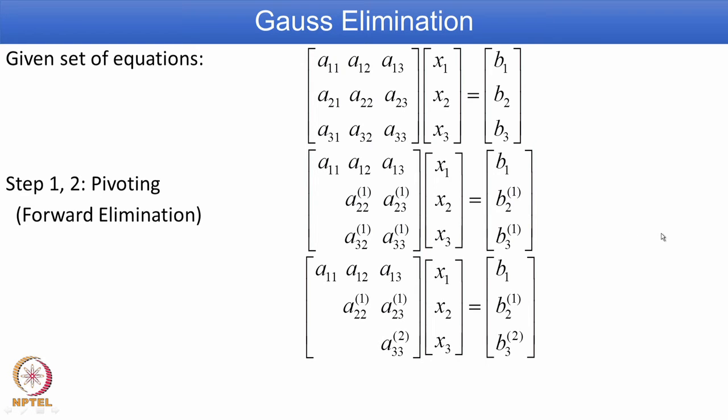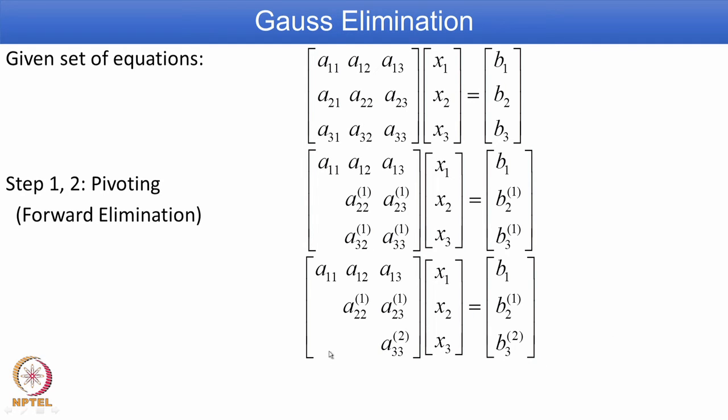Now you do the pivoting for the second step also, and you can observe the third row is now altered as A33 with a superscript 2, standing for the second pivoting. Correspondingly, B3 also changes, with a superscript 2.